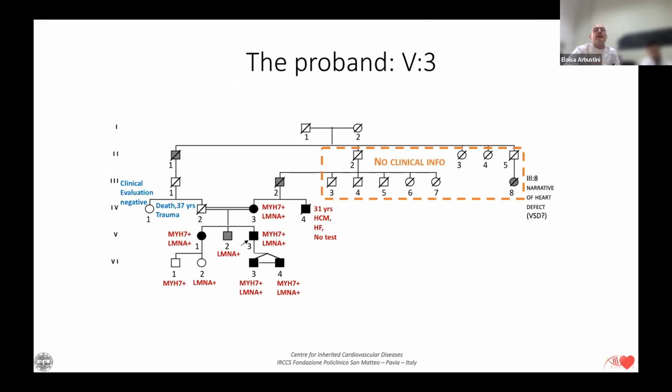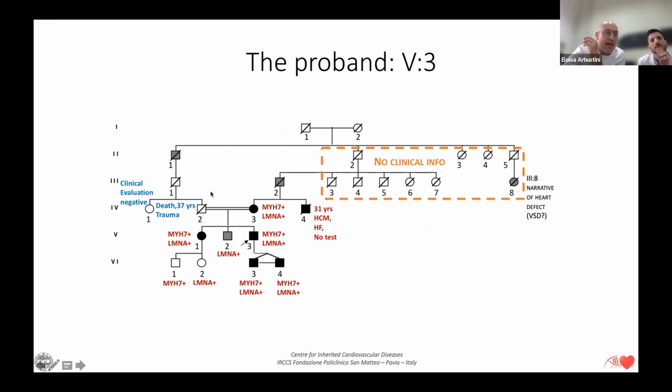Here is the second family that we would like to present to you. Here is our proband, a male who carries a non-pathogenic variant in the MYH7 gene and a VUS in the lamin gene. Of note in this family tree is the parental consanguinity of the parents of our proband.